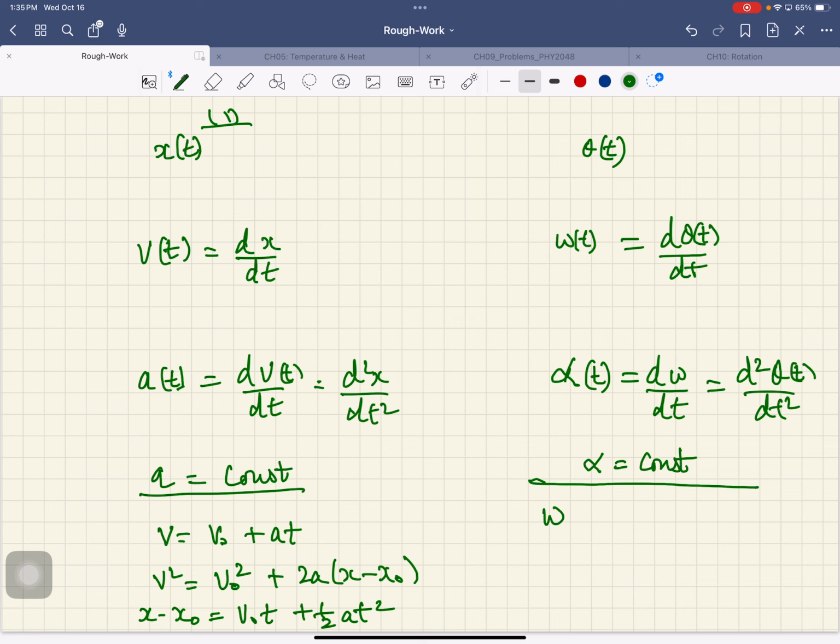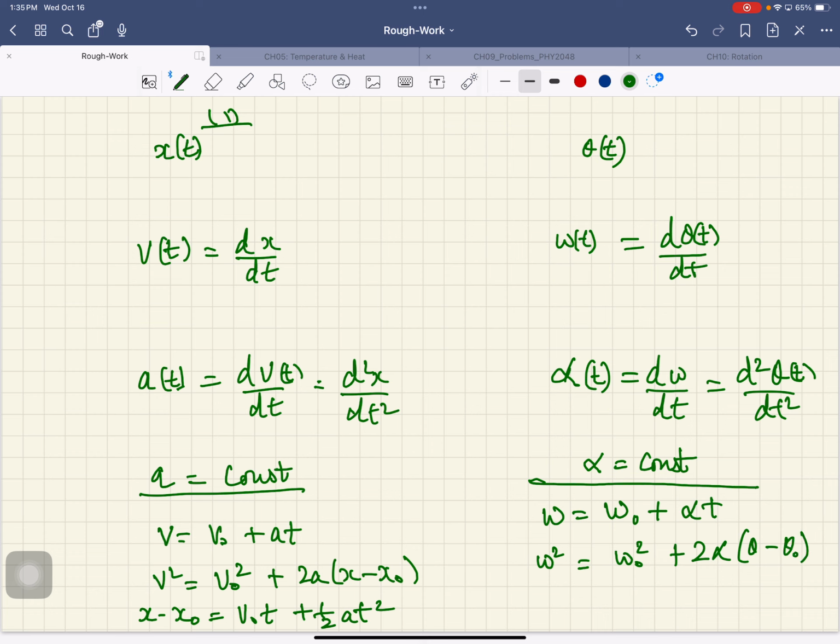Final omega, angular velocity, is initial angular velocity plus alpha times t. Final angular velocity square is initial angular velocity square plus 2 alpha times theta final minus theta initial.